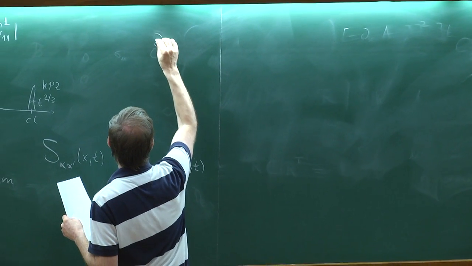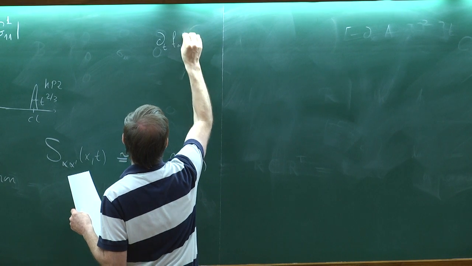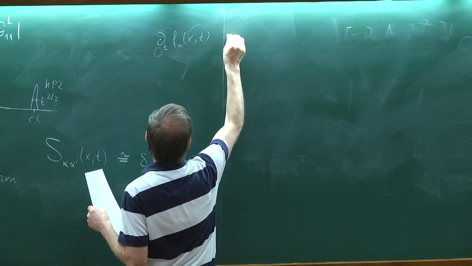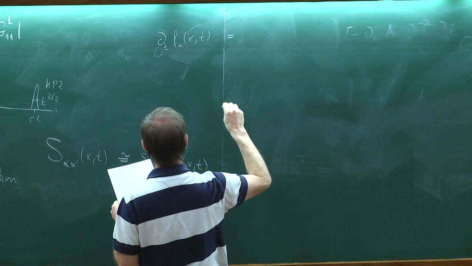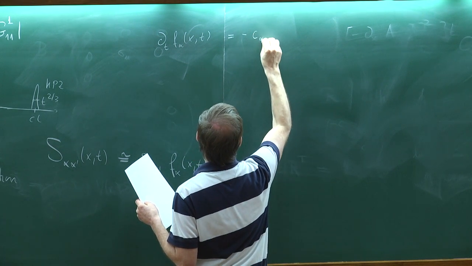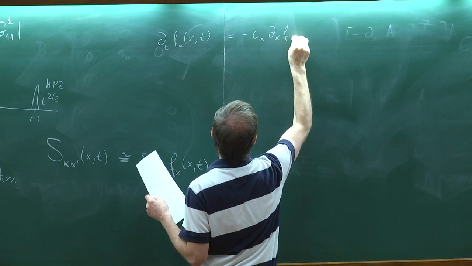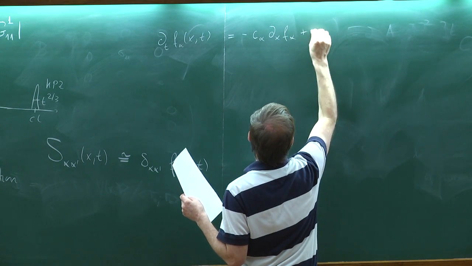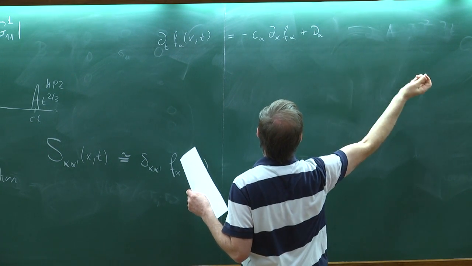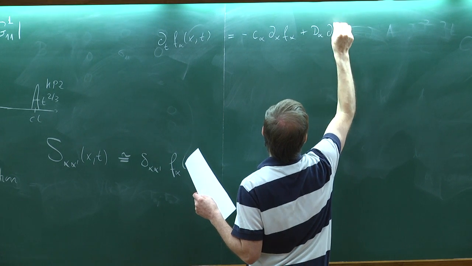So let me write down dt of f alpha of x and t. First of all, there are the obvious terms: there's the minus c alpha, the shift of f alpha, and then there's some d alpha, some diffusion coefficient, which also comes from the equations.